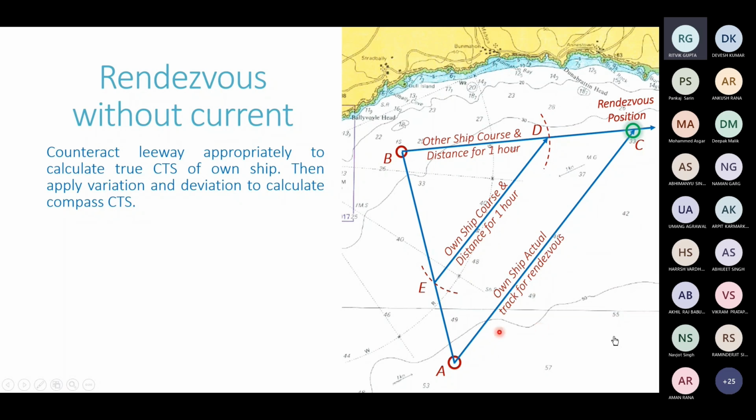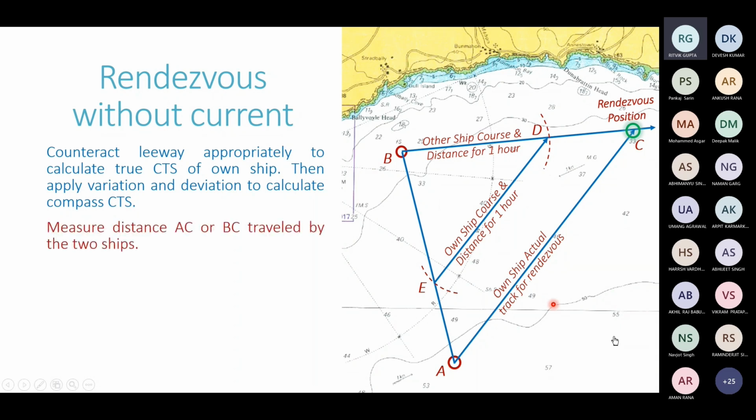So in case of wind, we will have to counteract the leeway appropriately to calculate or find out what is the true course to steer for own ship to rendezvous with the other ship. If we are required to find out the compass course to steer, then we have to apply the variation and the deviation. And once we apply the compass error through variation and deviation, it will give us the compass course to steer.